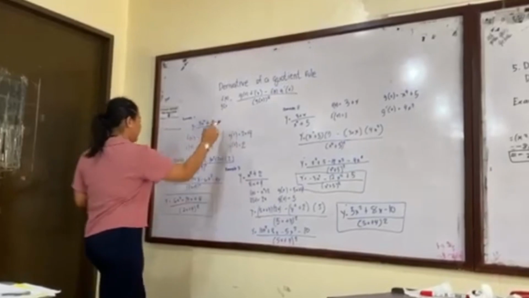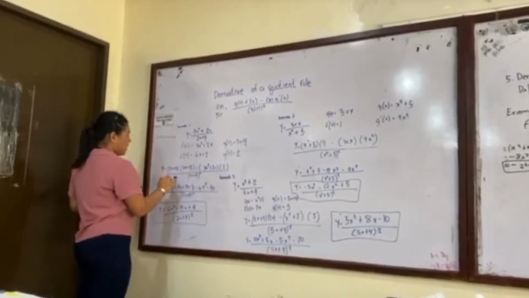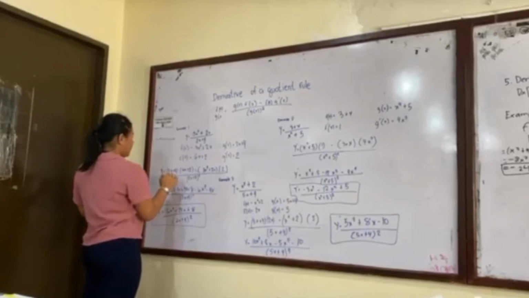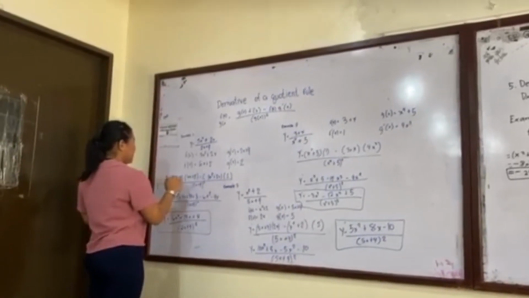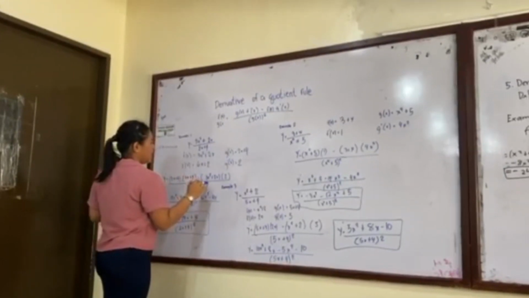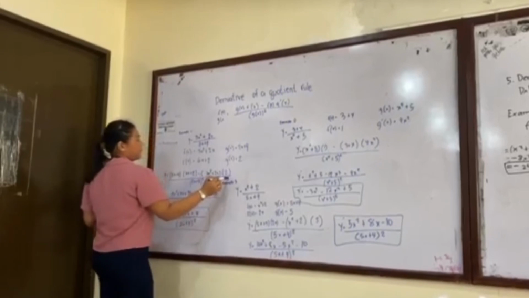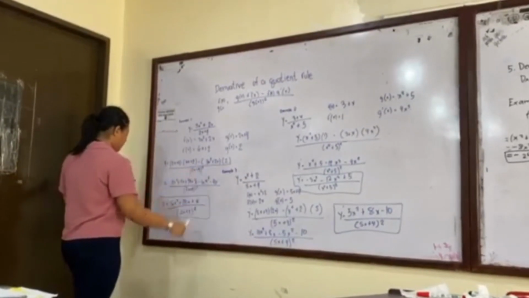Apply natin siya dito sa formula. Y is equal to 2x plus 4 times the derivative f prime 6x plus 2 minus 3x squared plus 2x times g prime of 2 over 2x plus 4.